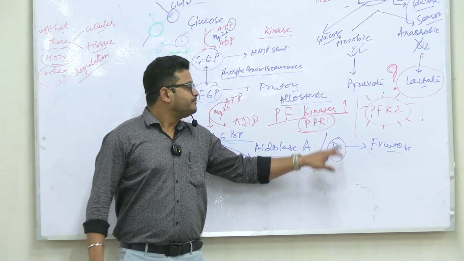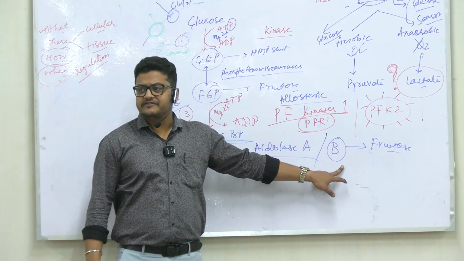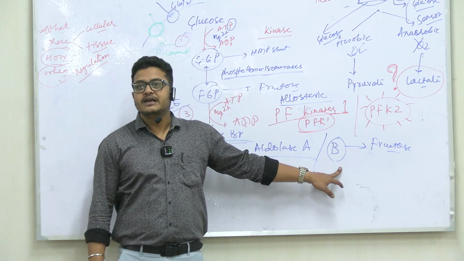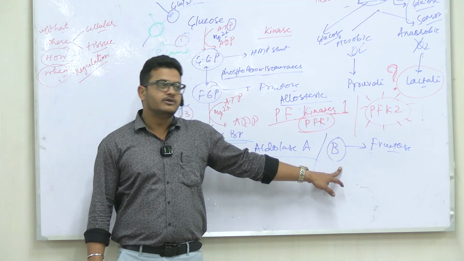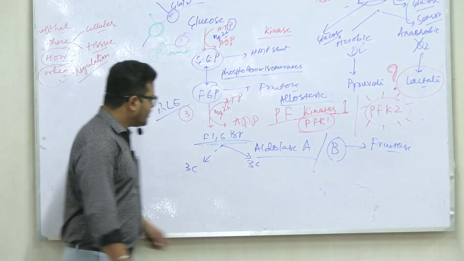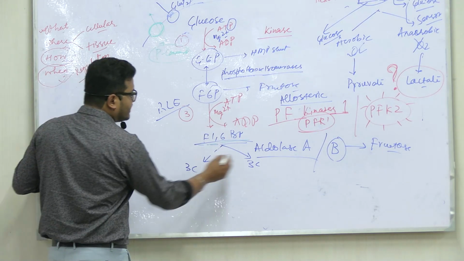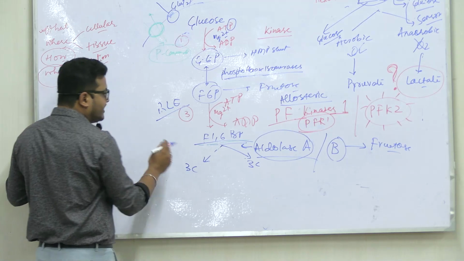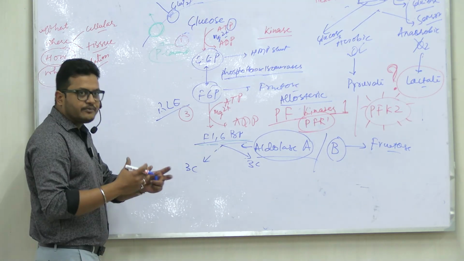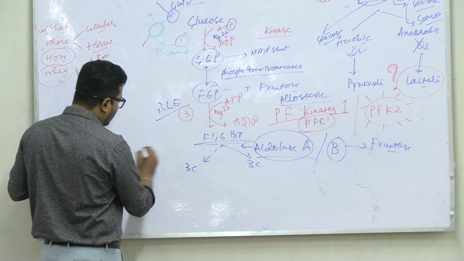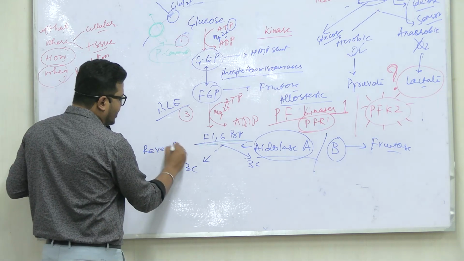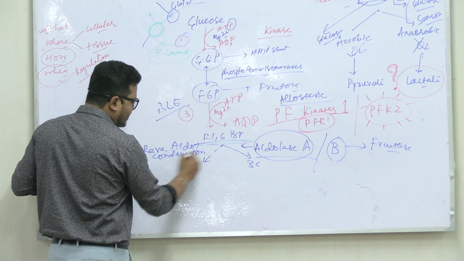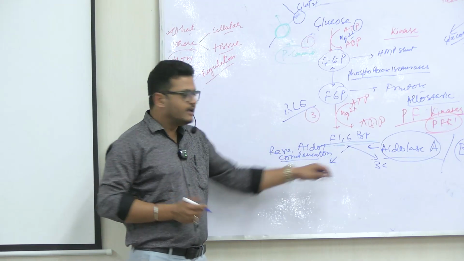And hereditary deficiency of aldolase B is responsible for a disease called fructose intolerance. Yes or no? Fine. I have told you that aldolase A is a lyase that uses a mechanism for breakdown of a component called reverse aldol condensation. Reverse aldol condensation is a process name. Clear?